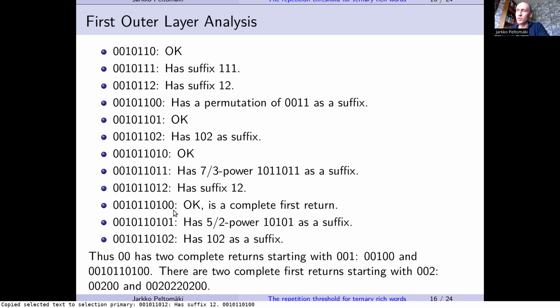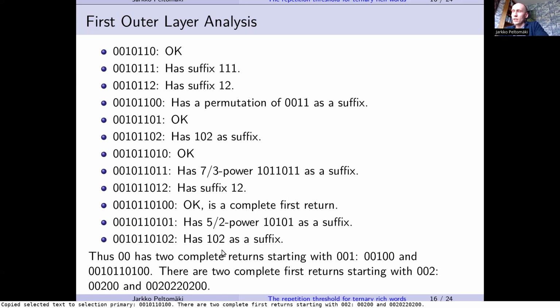So you do these baby steps, and you realize that 0, 0 has two complete first returns that start with 0, 0, 1, this factor and this factor. And then you do a maybe not completely analogous, but similar argument for 0, 0, 2, and you find that all the complete first returns are these two words in that case.